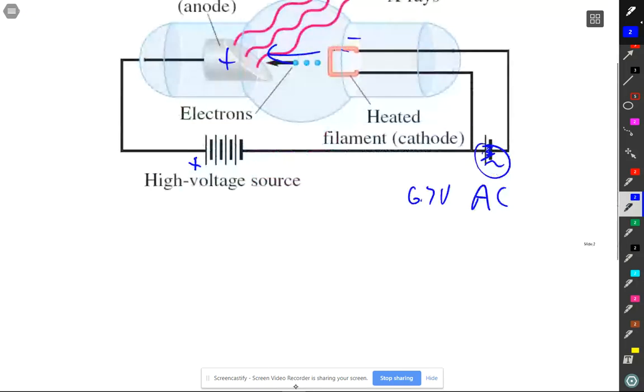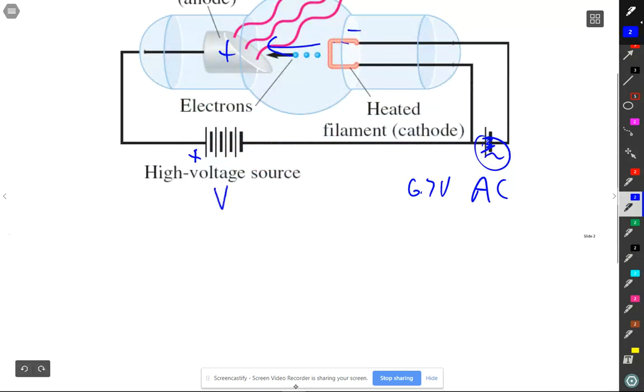And so those electrons, if this is voltage V source, then the electrons are going to have work is equal to q delta V, is equal to charge of an electron, minus e, times the change in voltage, which is going to be V source. And so that's how much work is done.